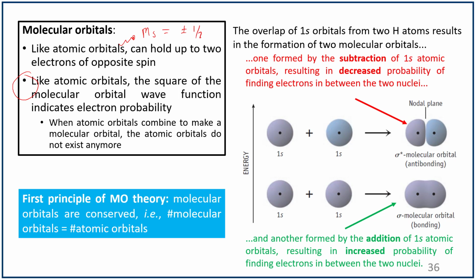The first one is pretty simple, which just says the number of molecular orbitals is conserved, meaning if you are combining together 2 atomic orbitals to form molecular orbitals, you will have formed 2 molecular orbitals as well. So again, from 2 atomic orbitals, you form 2 molecular orbitals. From 4 atomic orbitals, you form 4 molecular orbitals, and so on and so forth.